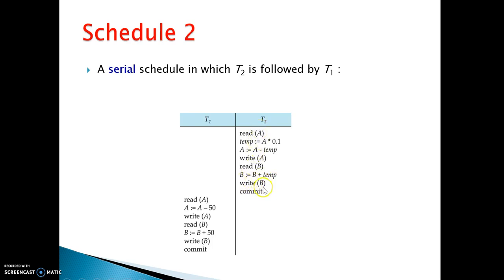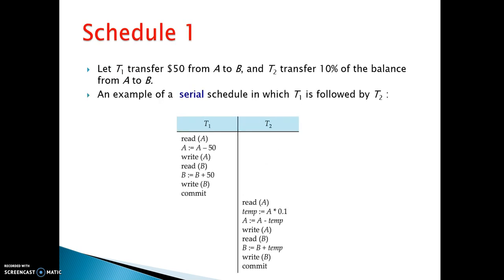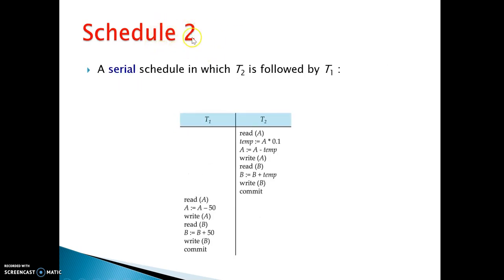Then T1 runs. In the earlier schedule 1, $50 was deducted from account A first and then the 10% was found, but here transaction 2 executes first. So the results of schedule 1 and schedule 2 might be different, because the serial order has been changed.